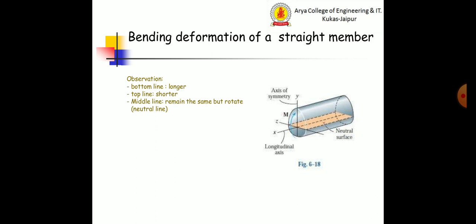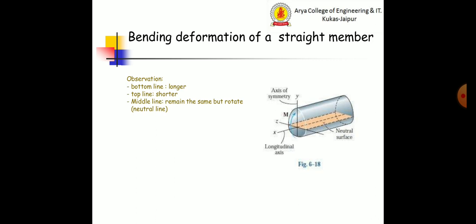Now in this figure you will see a beam on which we apply a force and a moment. You observe the bottom line is longer, the top line is shorter, and the middle line retains the same length but rotates, the neutral axis.